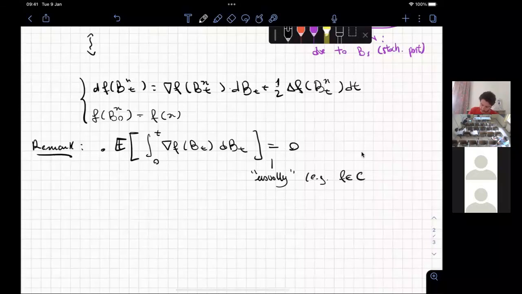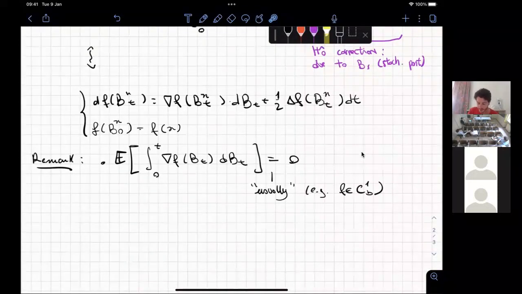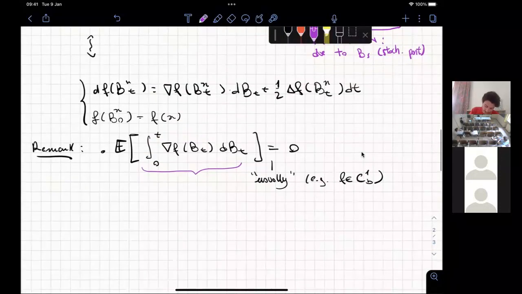This will be important for the computation at the end of the lecture. This just says that the objects you obtain in this way are random variables, so there is a hidden dependence on omega.